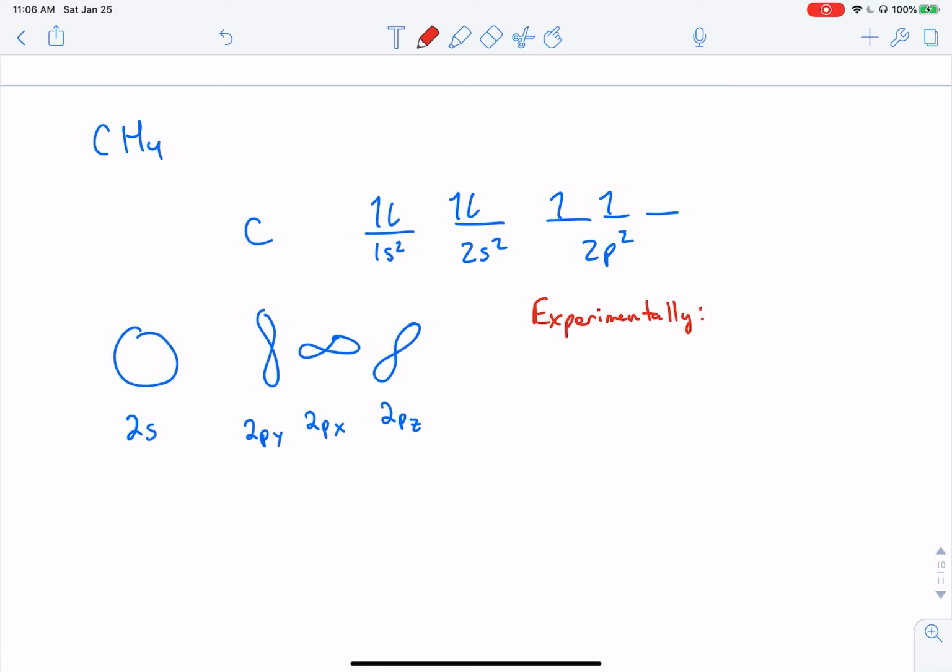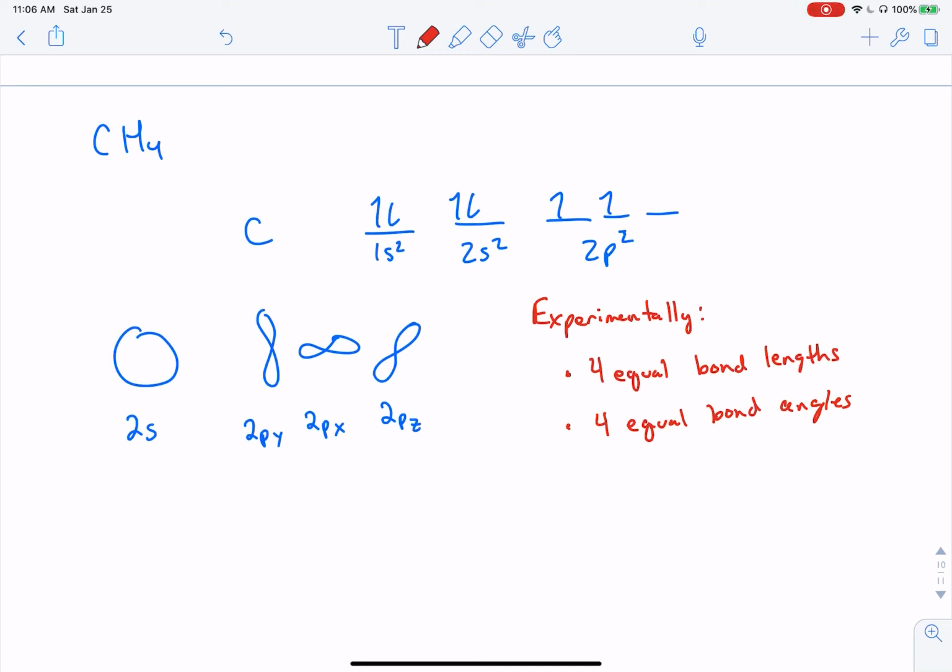Experimentally, we notice that when we measure things, we have 4 equal bond lengths and 4 equal bond angles. So our experiment says that we have 4 equal bond lengths and 4 equal angles.